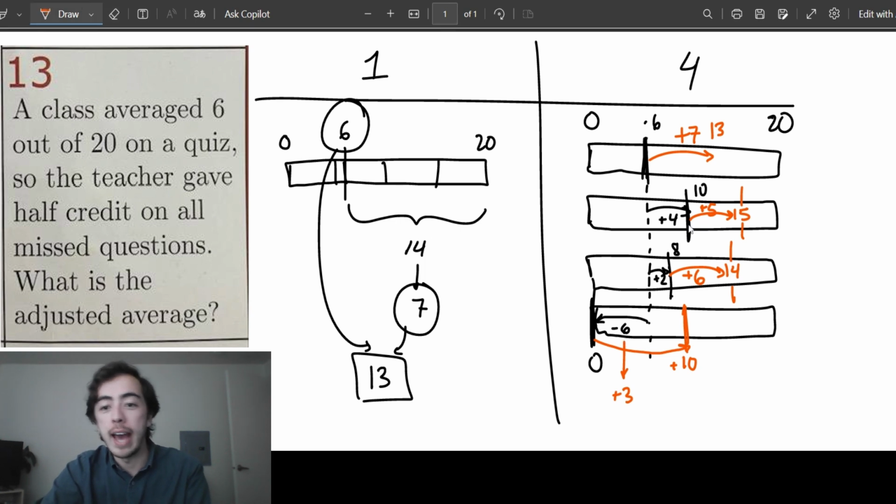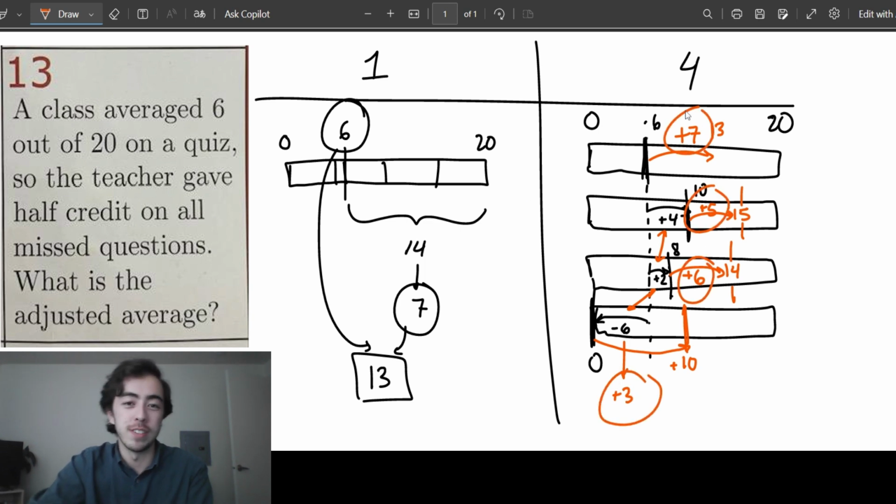So as we added or subtracted scores to play around with different scores and keeping the average at 6, the logic behind keeping the average at 6 also keeps these values in check with just this +7. So on average, actually I shouldn't have circled that +3, I should have circled the +10.